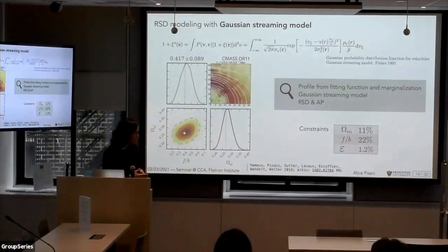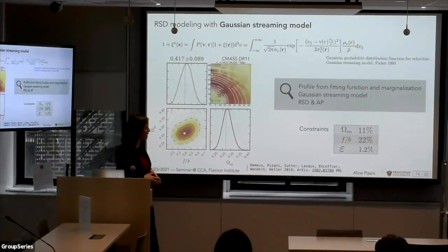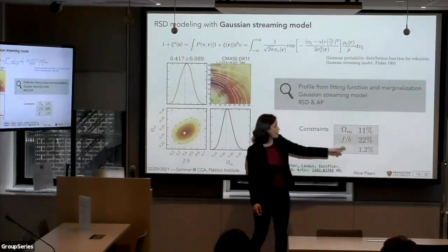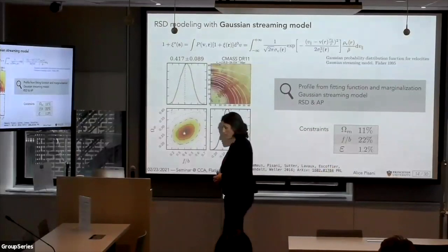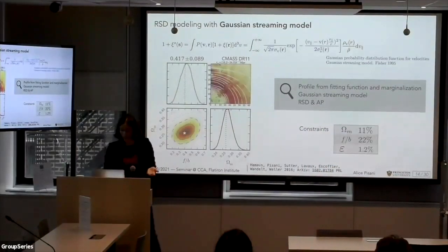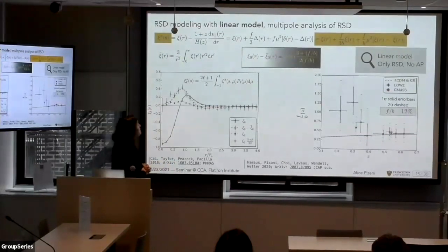This was the very first application that we did, and we got some constraints on omega m at 11% precision level. You can see that we got a measurement of the shape of void, this Alcock-Paczynski parameter, at roughly 1% precision.